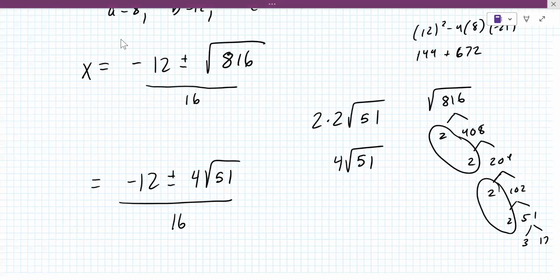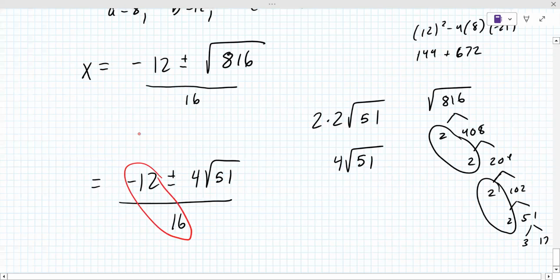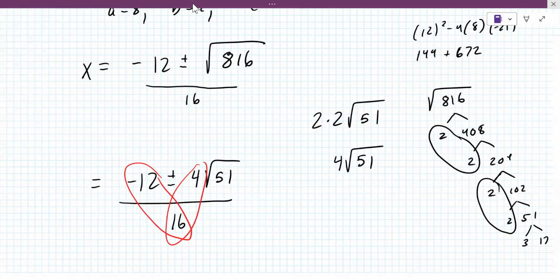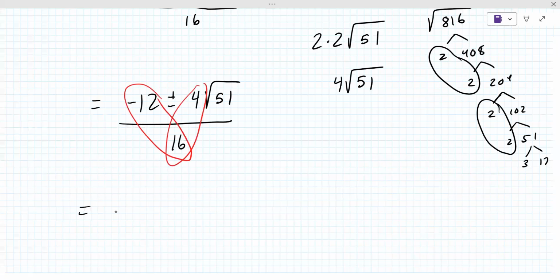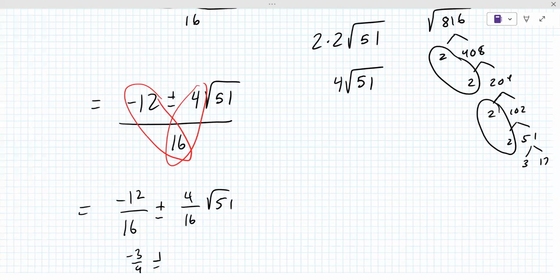But wait, there's more. You have to divide both by the 16, which ends up getting minus 12 over 16 plus or minus 4 over 16 square root of 51. Then you reduce. So there's basically just a butt ton of work involved if you do quadratic formula.